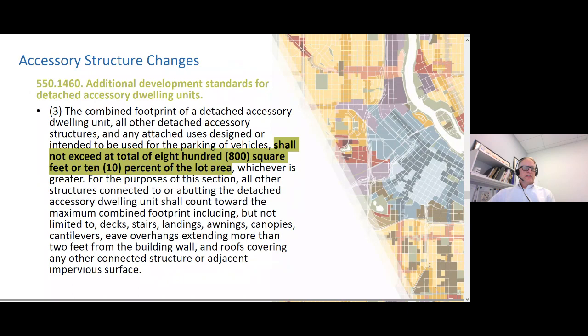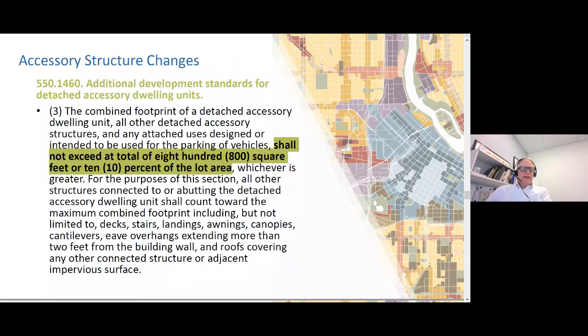Accessory structures for single-family homes, duplexes, and triplexes, the maximum size of accessory structures or garages has increased from 676 square feet to 800 square feet. That also includes accessory dwelling units, which now can have a larger footprint than they previously were allowed.